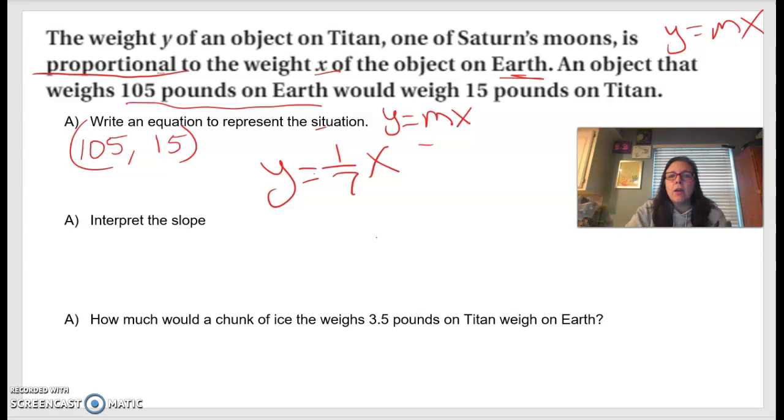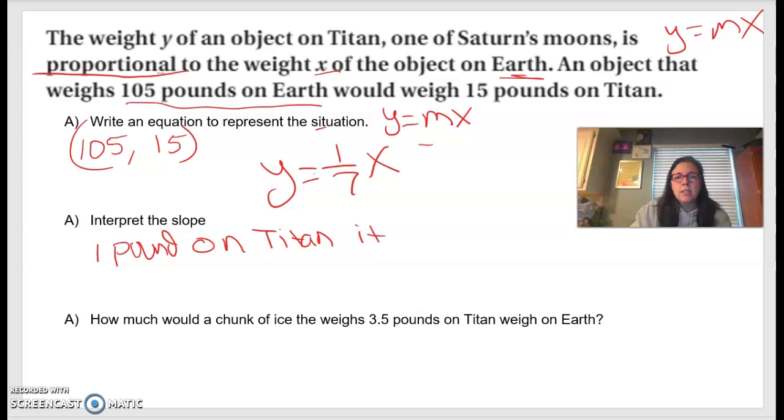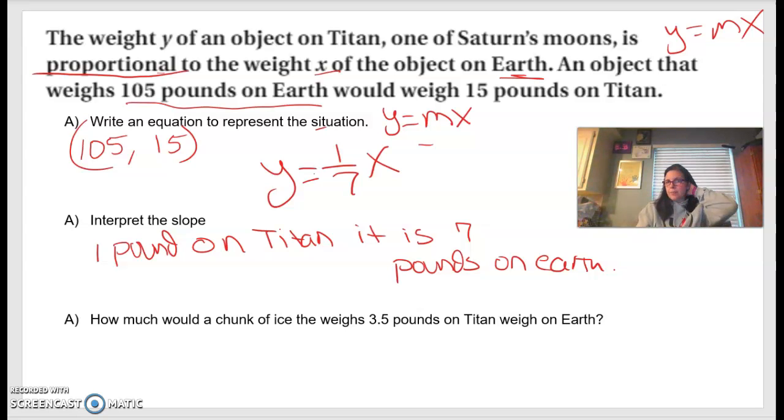So for every 1 pound on Titan, it is 7 pounds on Earth. And I know that because Titan is your y and Earth is your x.